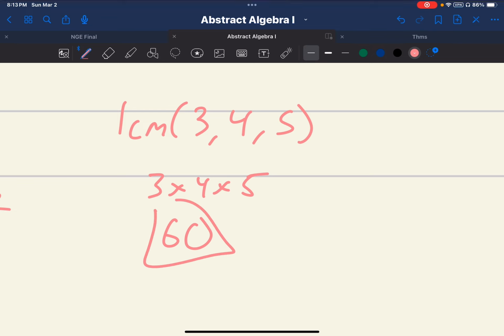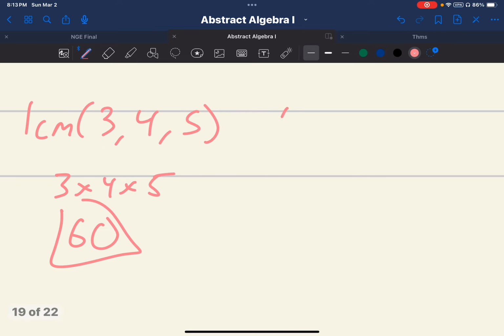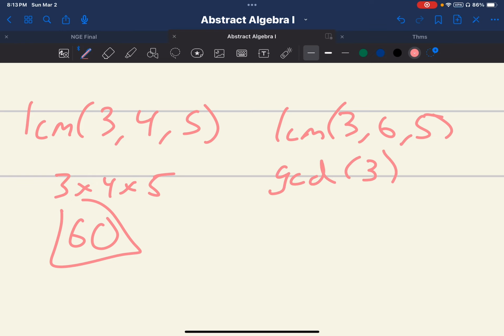Obviously, if it's not, and I have like LCM of 3, 6, and 5, well, now I just have to find the GCD, which is 3. Wait, it's 3, I think. And wait a second.